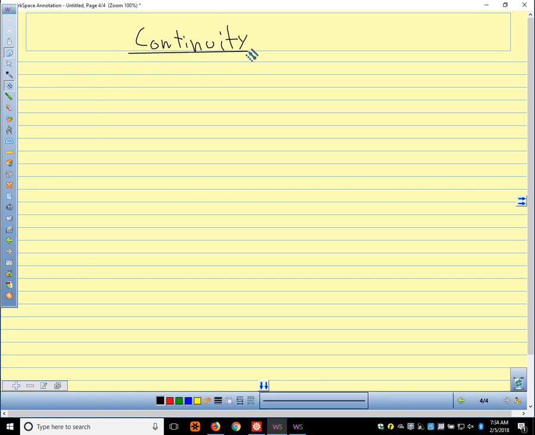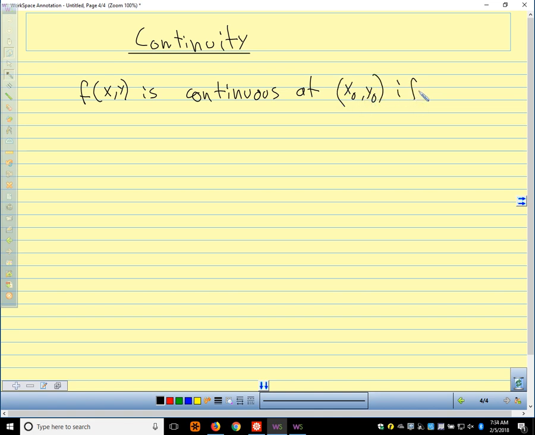Our definition of continuity is going to be exactly like it is for a single variable function. f(x, y) is continuous at (x0, y0) if the limit as (x, y) approaches (x0, y0) equals f(x0, y0).